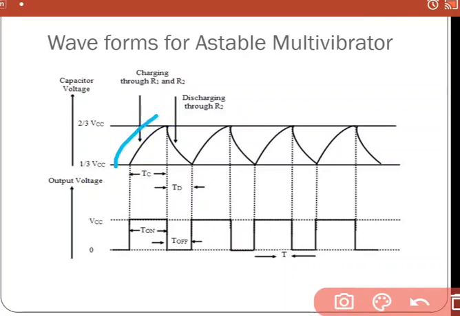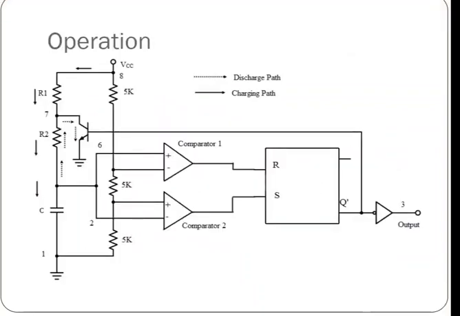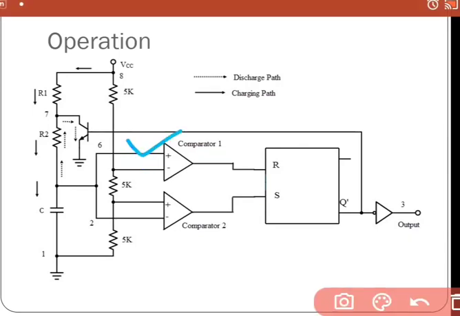When the capacitor voltage has reached 2/3 of VCC, comparator 1, the comparator here, will come into the picture, and it will change the state of this flip-flop.